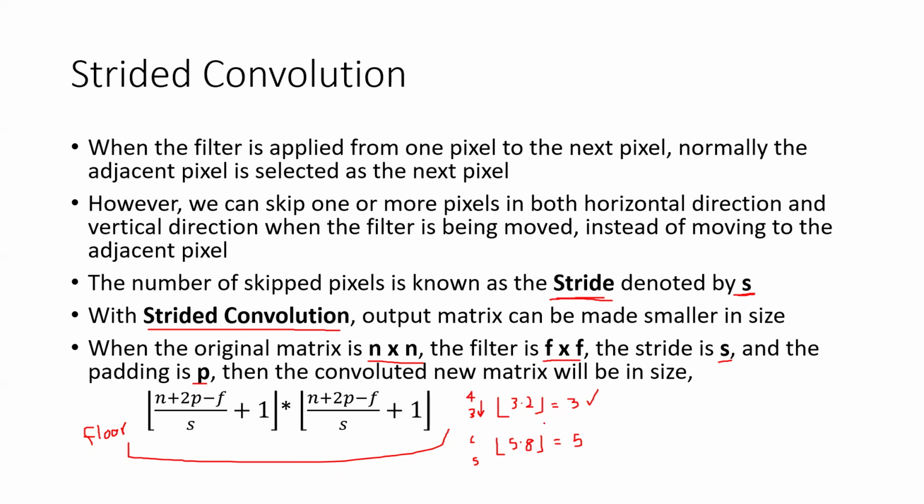So this is how you calculate the floor value. When you compute the dimensions, whatever value you get, you have to round it to the lower integer, right? That is how you compute the dimensions of the strided convoluted image, right?